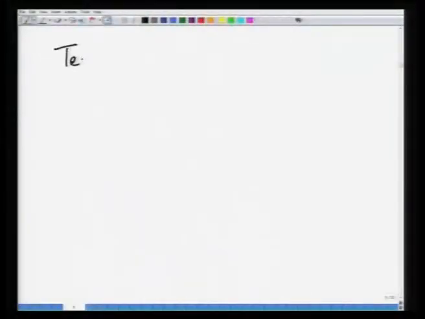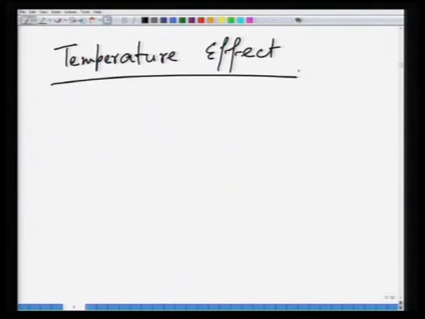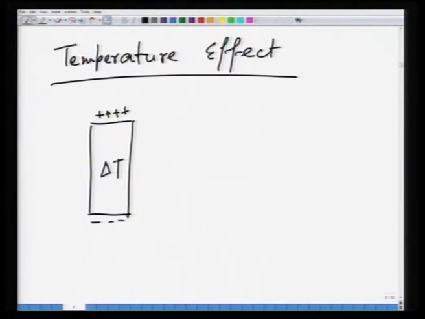So, that is why it is a special effect, and this effect is nonlinear in nature, it is not linear. Second, you can have a temperature dependence of polarization. So, in this temperature effect, what will happen is, if you have a dielectric material and you subject this dielectric material to a change in temperature, then you have some charge which is introduced on the surface.